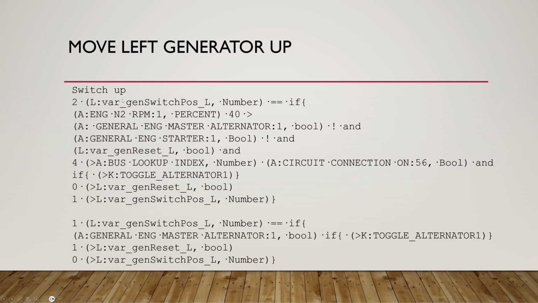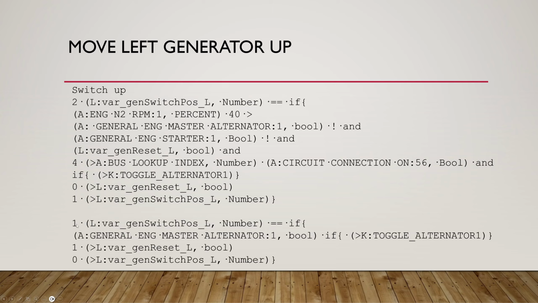So the switch up, firstly it's checking where it is. If it's in the off position, it's got a fair bit of work to do to switch on various parts and then move the switch into the on position.